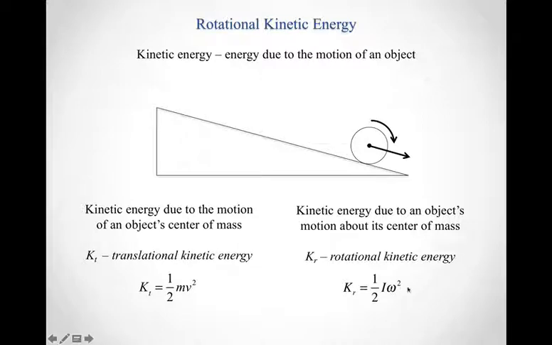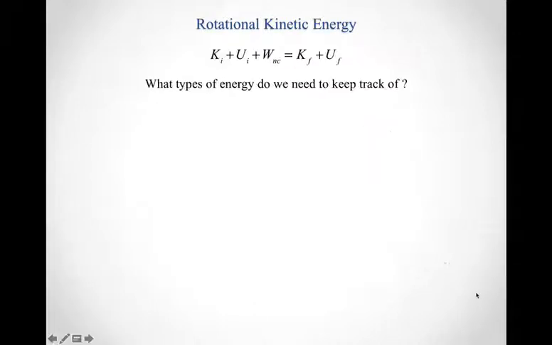And of course the moment of inertia cares about the axis. What we'll see is that for many problems this will be about an axis through the object's center. But there are going to be situations where we can treat all of the motion as rotational motion about some pivot point that's not at the object's center.